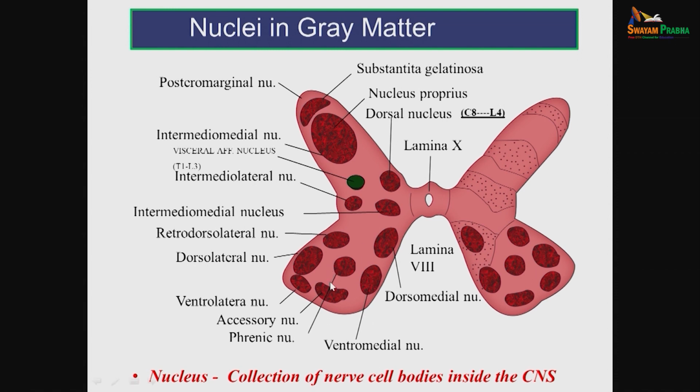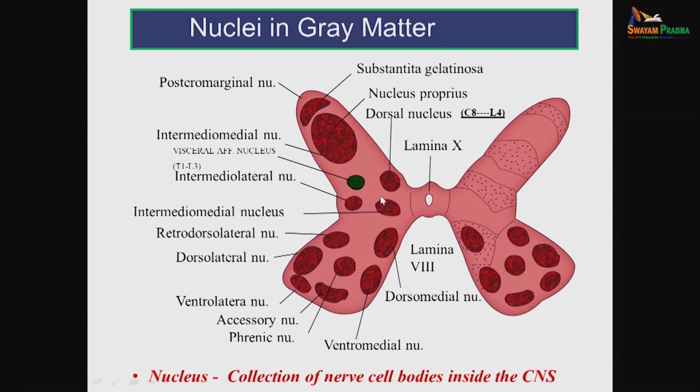So, these neuronal somata or nerve cell bodies are collected and they form what is called a nucleus. Please understand that a nucleus is a collection of nerve cell bodies inside the central nervous system. This is very important.